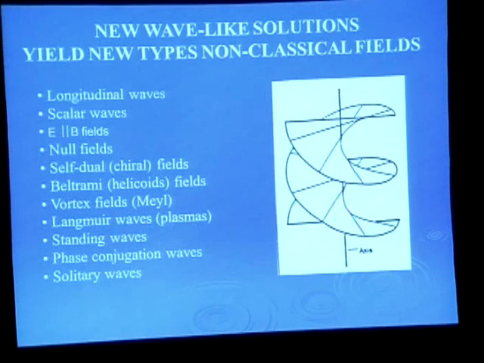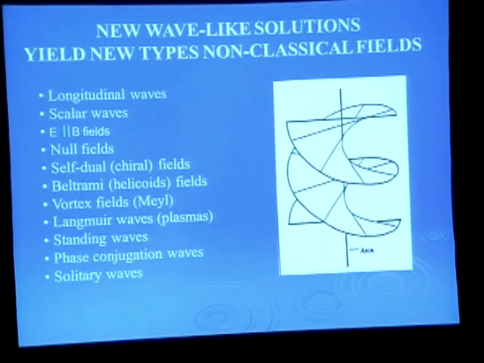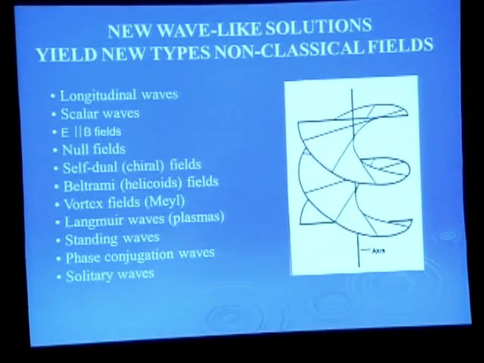These waves have been called longitudinal waves and scalar waves, waves where the electric vector and the magnetic vector are not perpendicular, but parallel, and vortex fields.